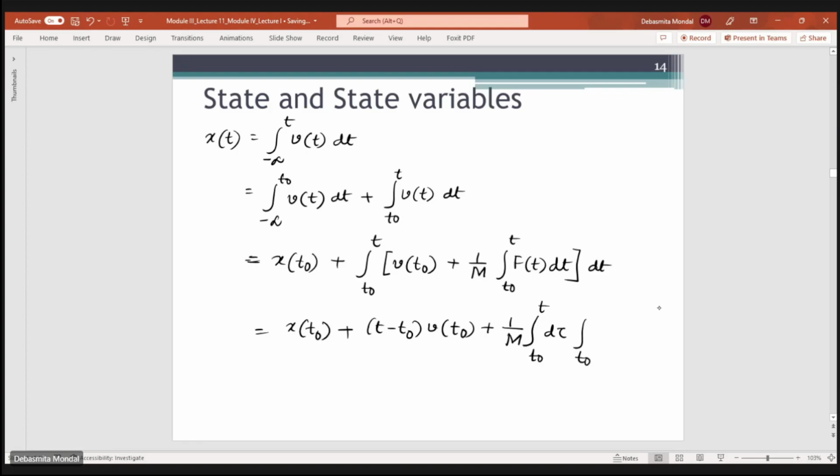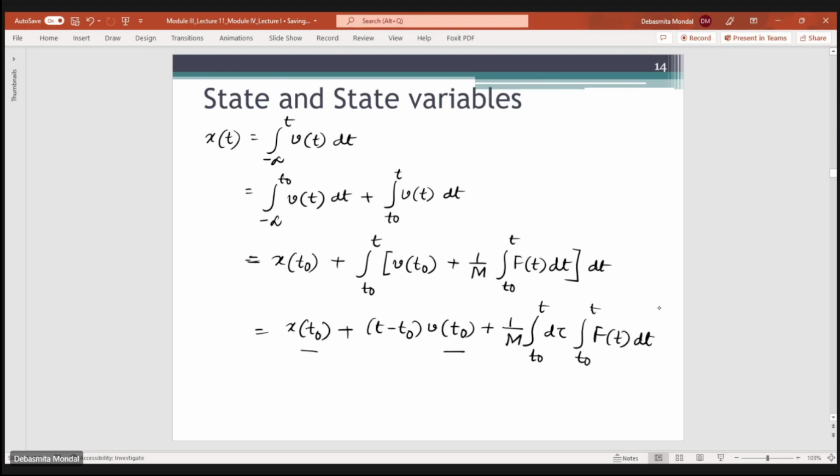From here you see that the output variable is my x(t), and this x(t) can be computed if we know the value of x at t0, the value of v at t0, and the value of this input for t greater than or equal to t0.